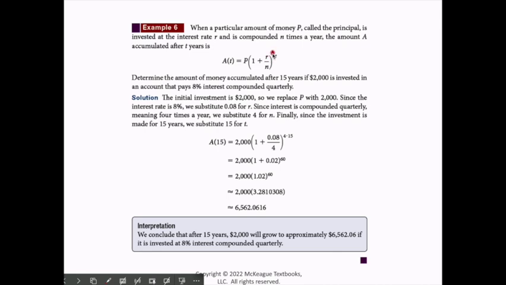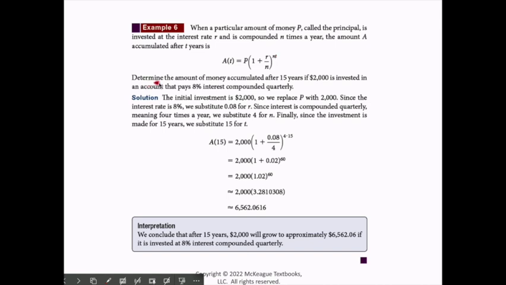Then your exponent is going to be the total number of times that this is compounded over the entire time frame. So in this example, it's talking about doing this for 15 years. And since it's quarterly, that means 4 times a year for 15 years. That means this exponent is going to be 60 because you take 4 times 15.